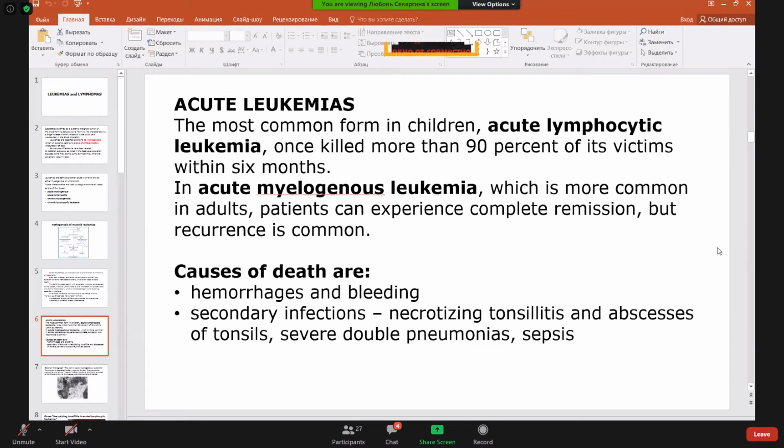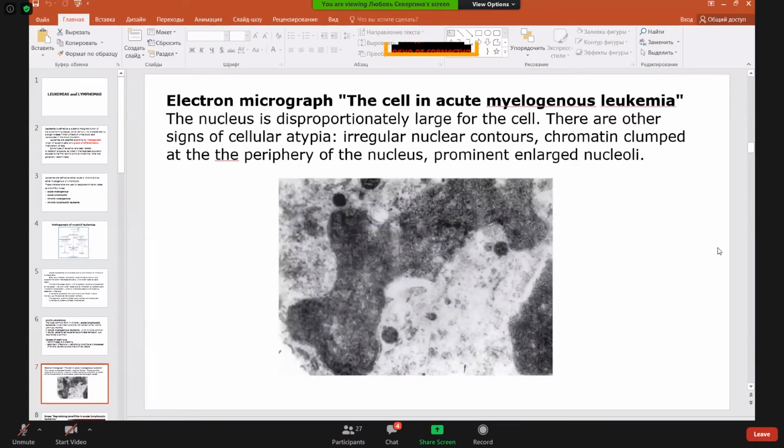I hope you remember the appearance of the malignant tumor cells. In the previous semester, we showed you this electron micrograph, and the cell in acute myelogenous leukemia in general has the same characteristics. You see enlarged nucleus, and nucleus to cytoplasm ratio is always increased in this cell.